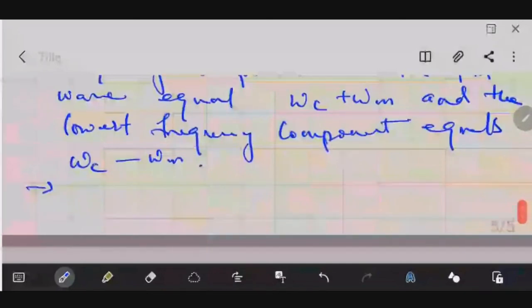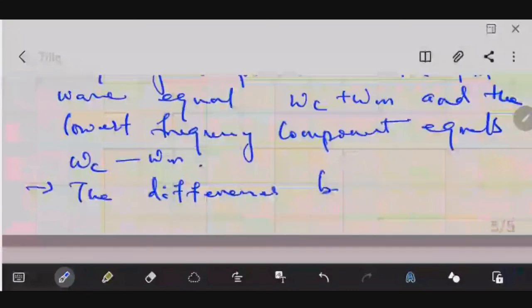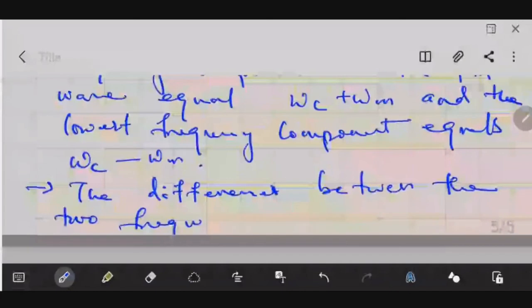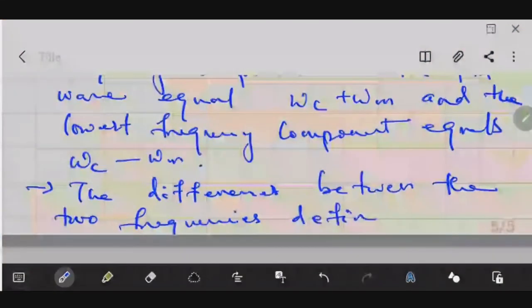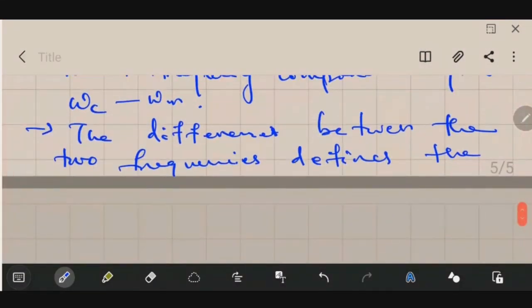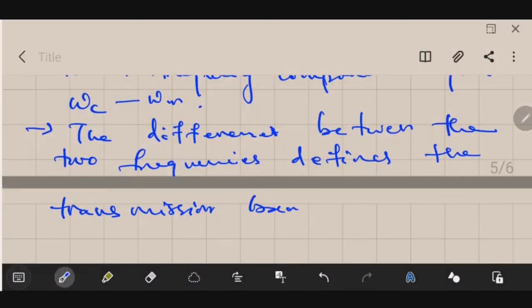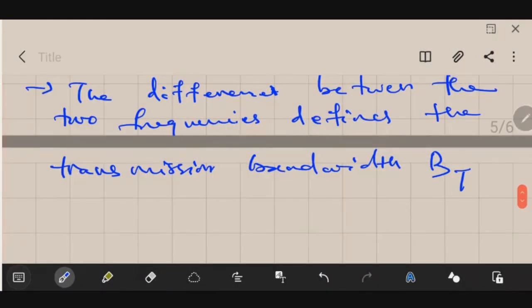Let me also write that. So the difference between the two frequencies defines the transmission bandwidth, which is denoted by B subscript T, BT for transmission bandwidth, for an AM wave.